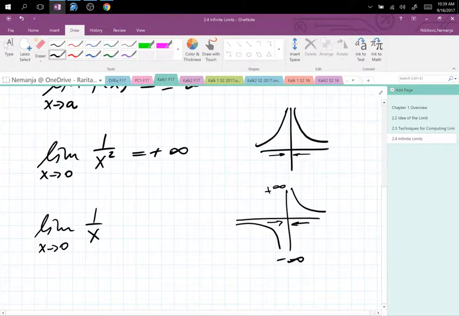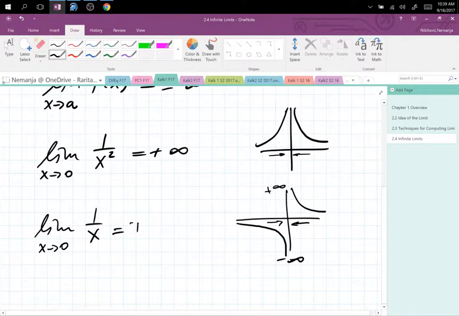Again, you are looking at the function and where it goes as x approaches a value. So you are looking at y values. What do y values do as you approach? As you travel on this line, the y values shoot to negative infinity. As you travel on the other line, they approach positive infinity.